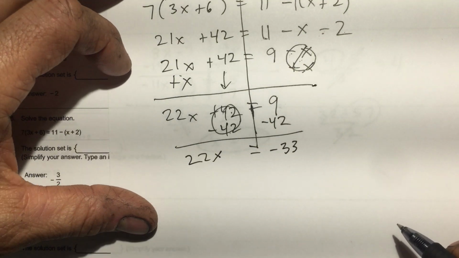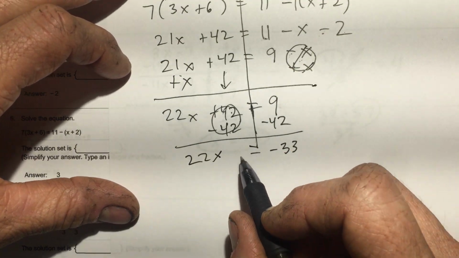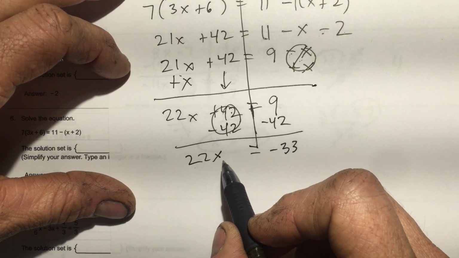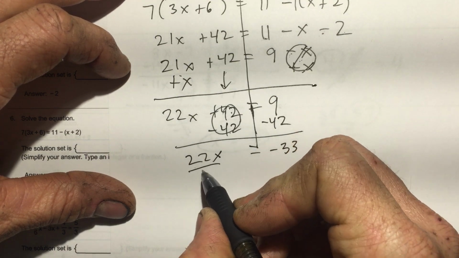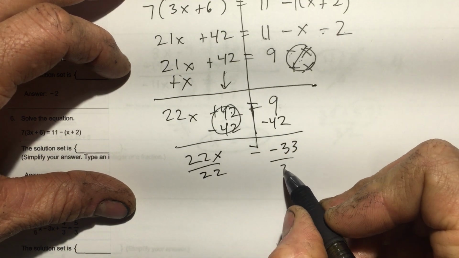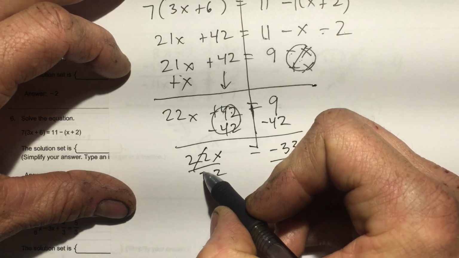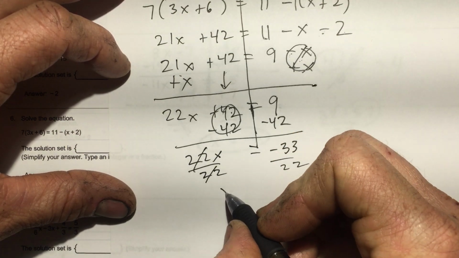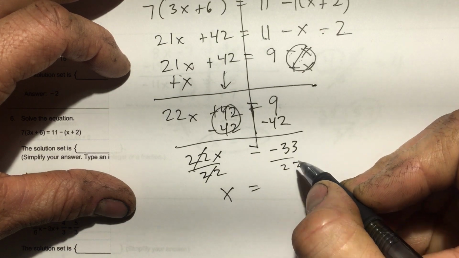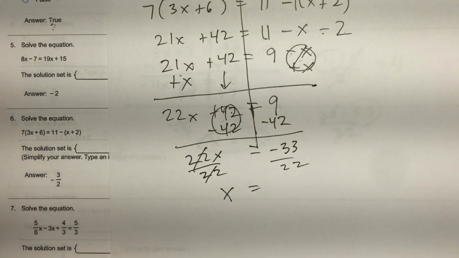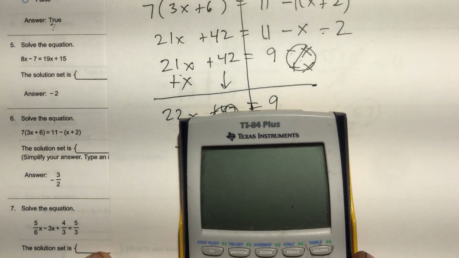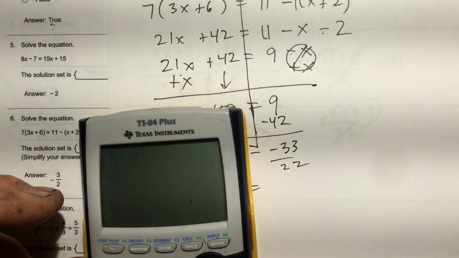All right. And now this is the same situation I was in a while ago. I've got 22 times x. I've got to get rid of the 22, which means I'll divide by 22 on both sides. And right here, 22 divided by 22 will cancel, just like we talked about a minute ago. X equals negative 33 divided by 22. Now, what you can do is get your calculator and punch that in.